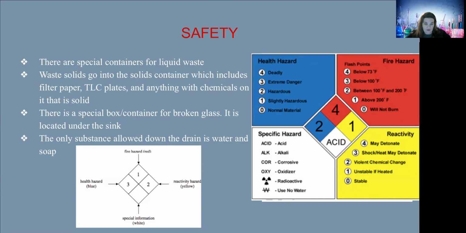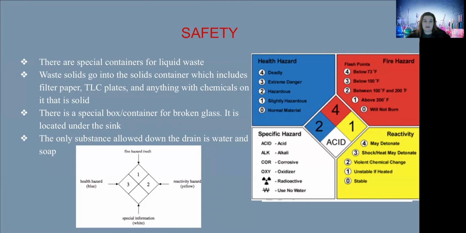All right, broken glass, hopefully you know this by now, but if you break something, if you break a flask, a graduated cylinder, a pipette, really anything that's glass, if it breaks, what you're going to want to do, of course, is notify your TA if it falls on the floor or something. If you break a pipette, that's okay. There is a special discarding place for glass, and that is the brown box under any sink.